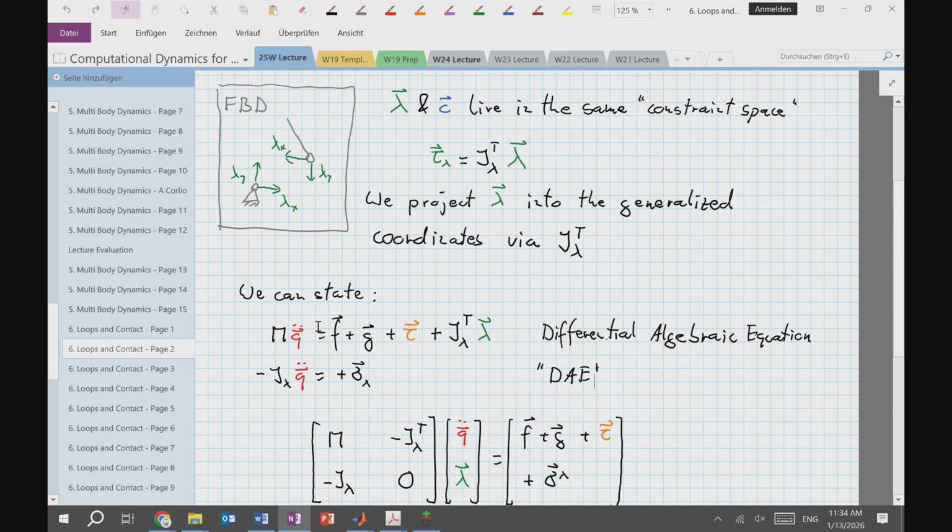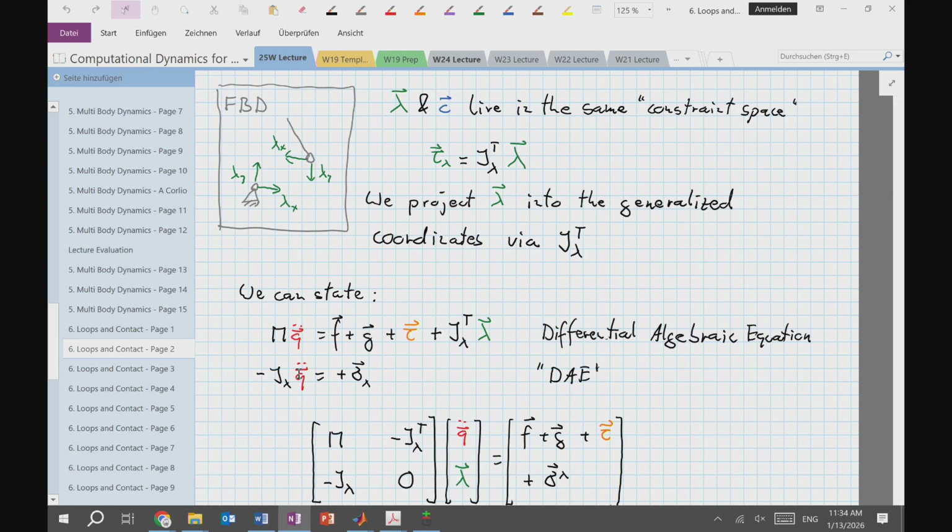because without this it would be the equation of motion without the implicit constraint. And from a dynamics perspective, we just say it's something that produces forces. And these forces are projected in my generalized coordinates into my Q space. And then I have additionally here these constraints on acceleration level.